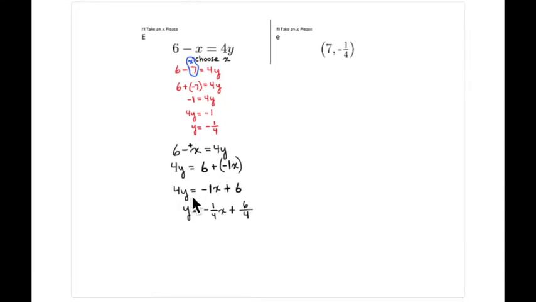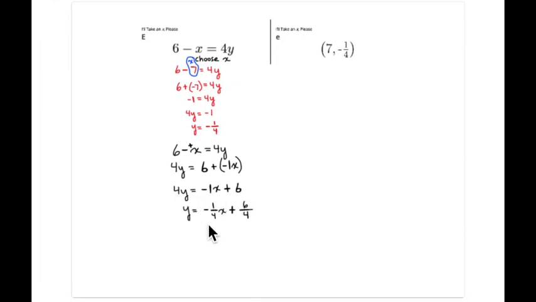So now I have 4y equals, and I'm going to change the order of this using the commutative property of addition. So this is a negative 1x plus 6. That's okay to do. And so now I have 4y equals a negative 1x plus 6. And to get it into final slope-intercept form, just divide through by 4.